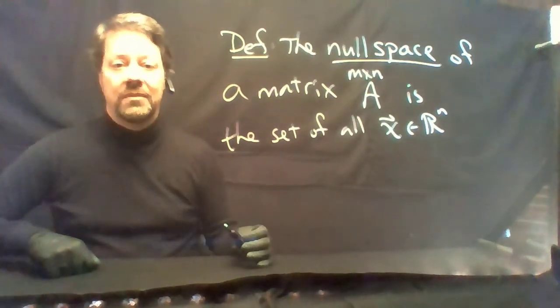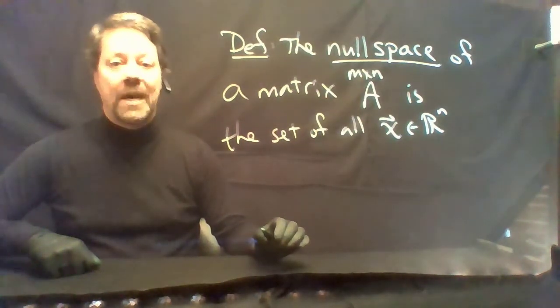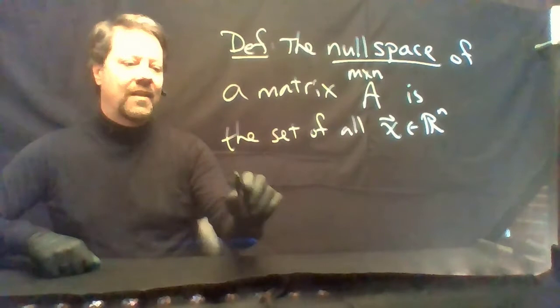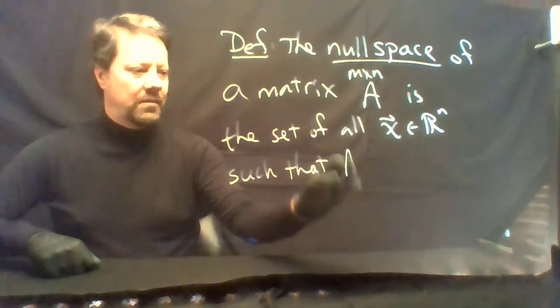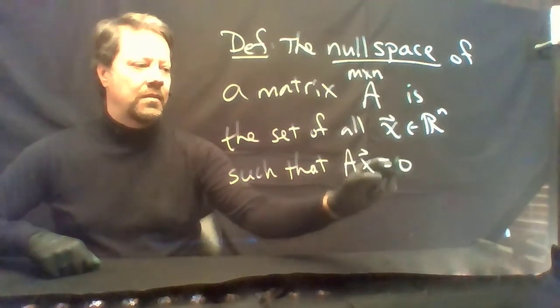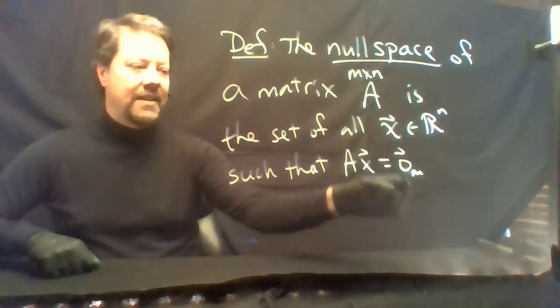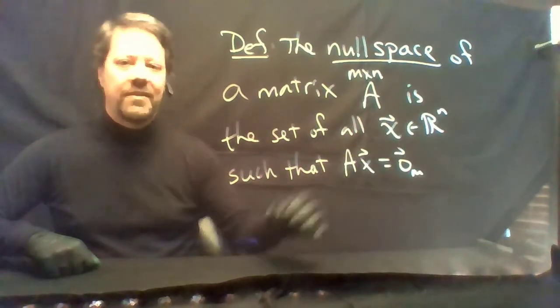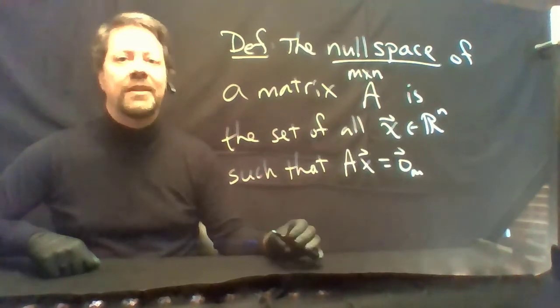What you get out when you multiply A by X is an M by 1 matrix. The 0 is going to be the 0 in Rm, so it'll be the vector with m zeros down a column. I'll denote that by 0 with the subscript of m.